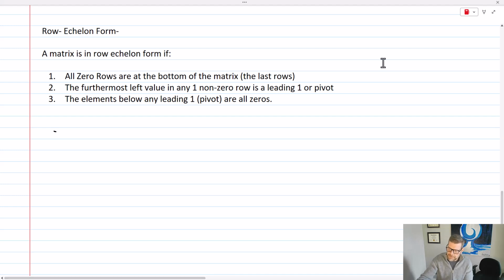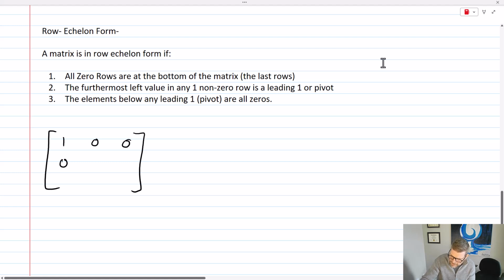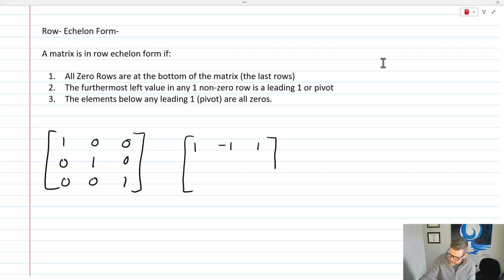To give you an example, this matrix right here, the identity matrix, is in row echelon form. But also, we could have an upper triangular matrix like this also be in row echelon form. So these are both in row echelon form.